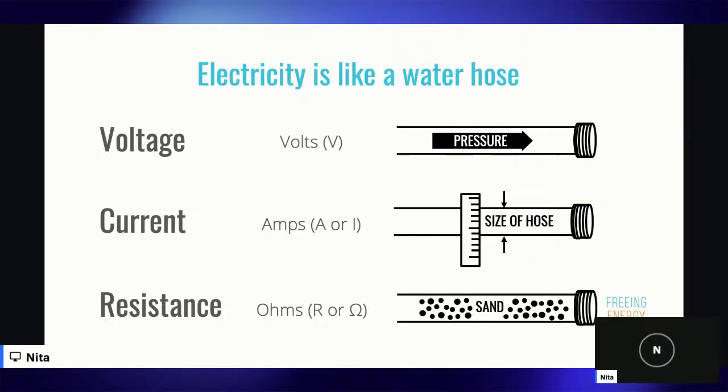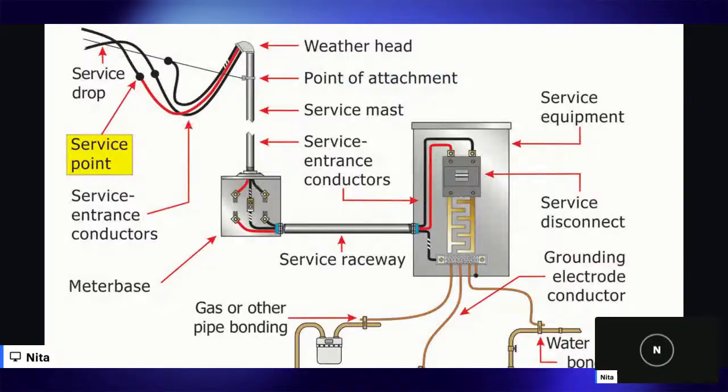Okay. All right. So let's talk about how we get electricity into our house. Electricity in most of our residential electrical systems is going to be a 120/240 volt single phase system.